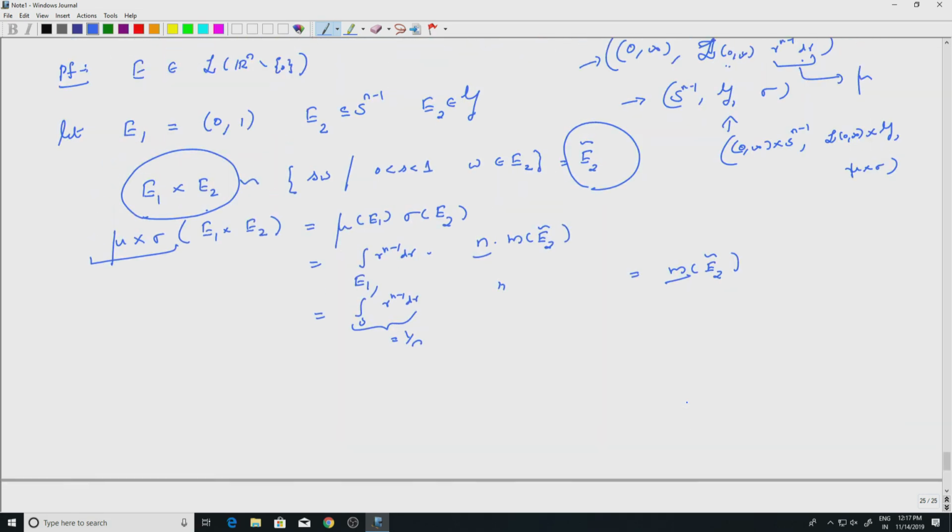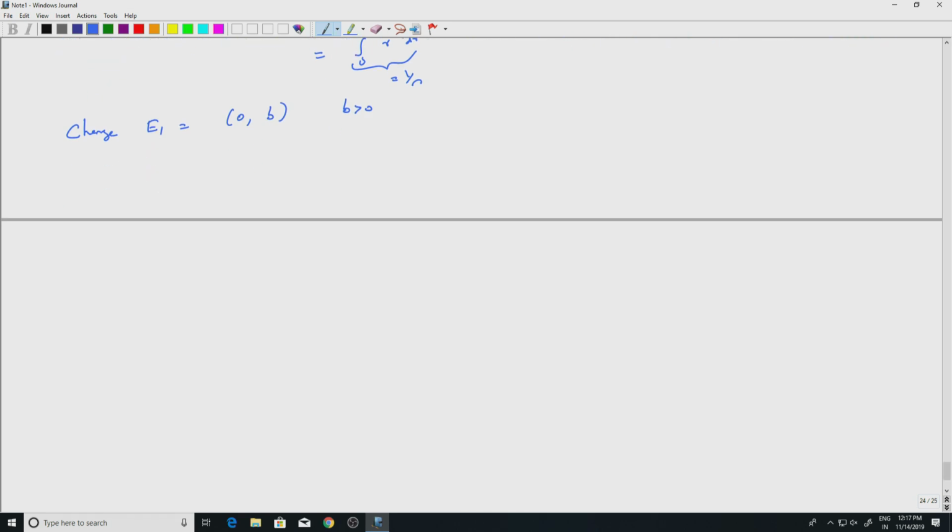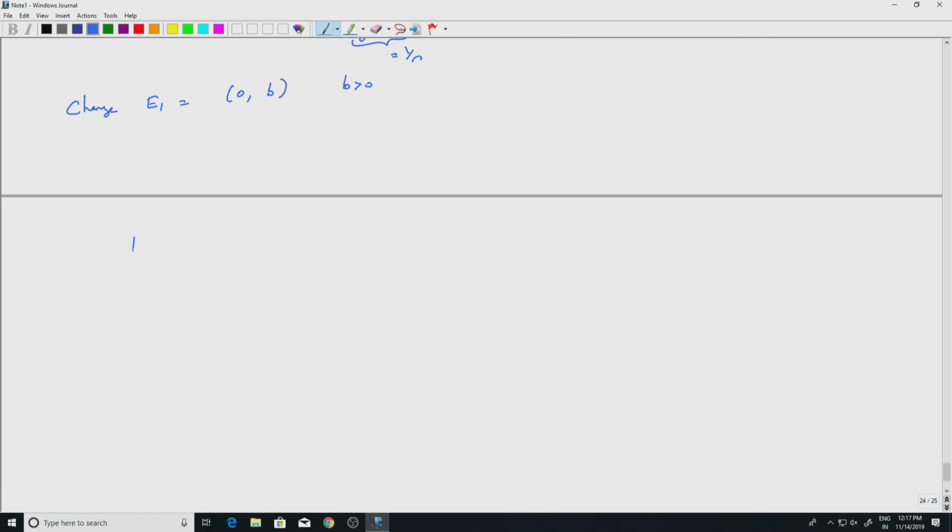Okay. So now change E1 to (0,b), where b is a positive number, and let us do the same thing again. So I have E1 equal to some set (0,b), where b is some positive number. E2 is still a general set inside S^(n-1), but it belongs to the sigma algebra G. Then how would E1 cross E2 look like?